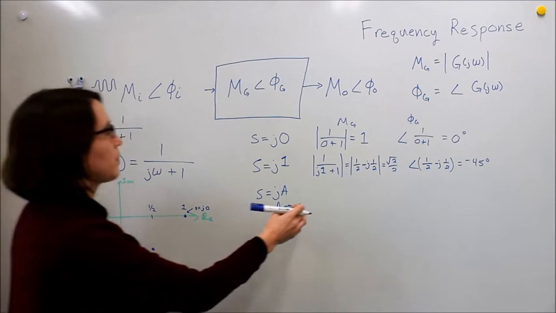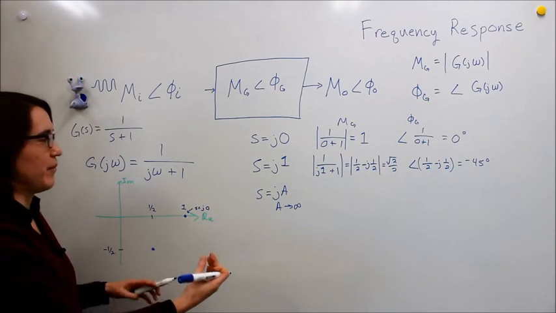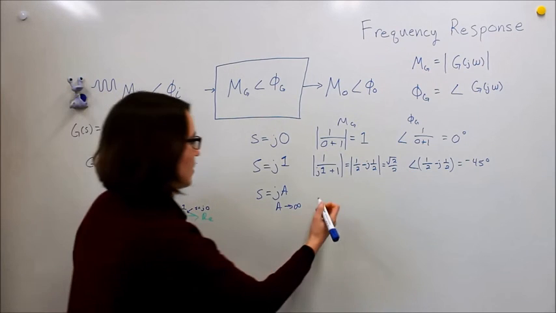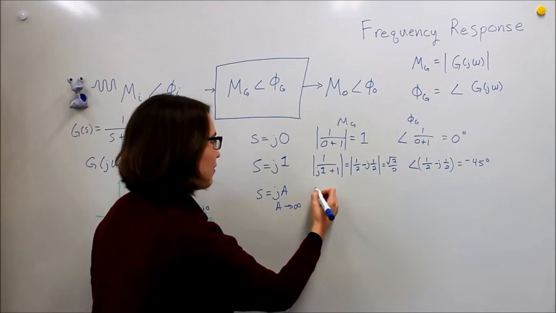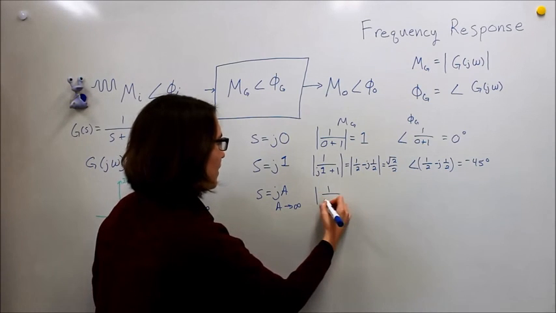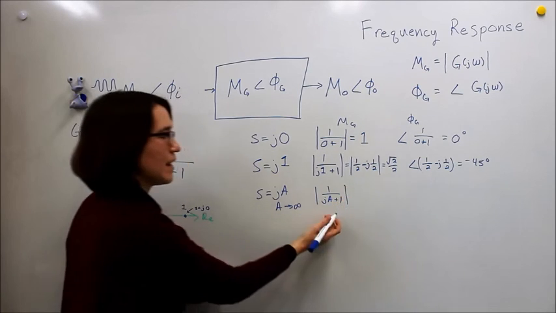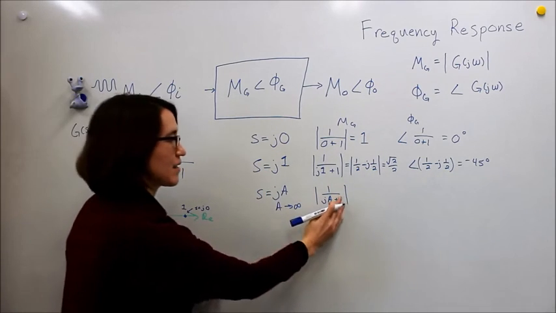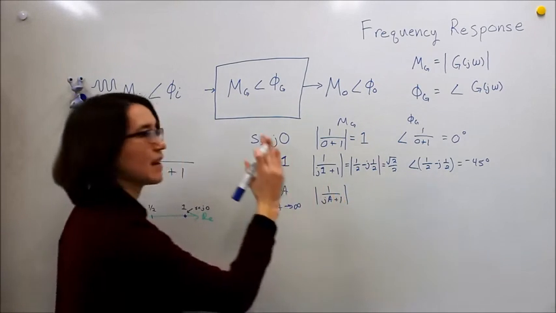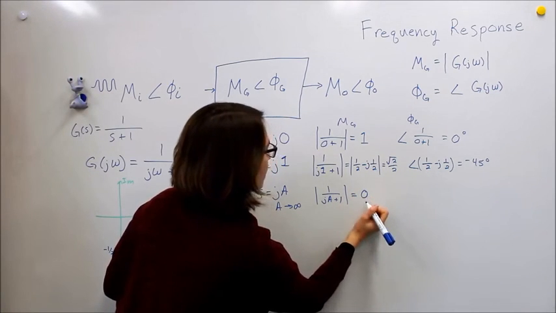If we put that into our equation, it's going to look a little bit weird in terms of the math, but as we go to infinity, it would be 1/(ja + 1), but as a goes to infinity, it dominates, so this 1 can essentially be ignored, and we get 0. So we would go to 0.